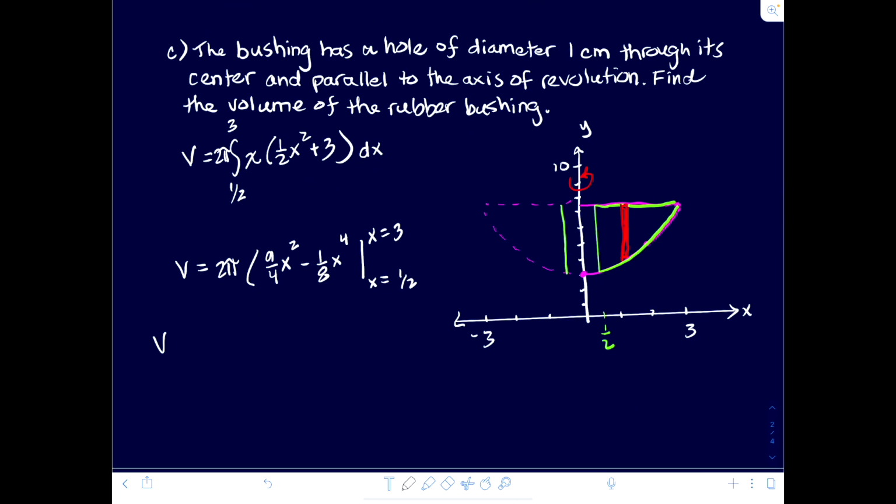And so, it'll be a little more complicated. Our upper limit of integration, again, would be 81/4 minus 81/8. Our lower limit will now be, let's see, 1/2 squared is 1/4.